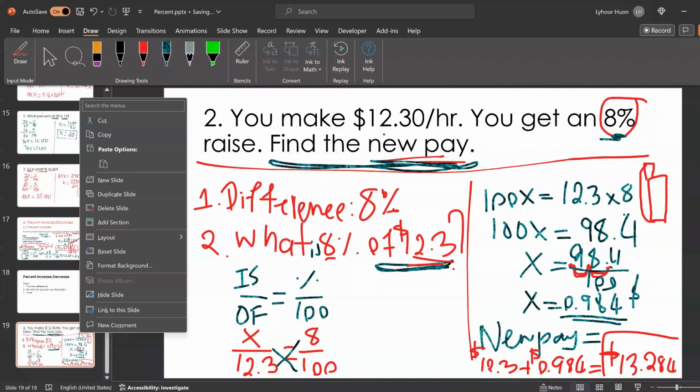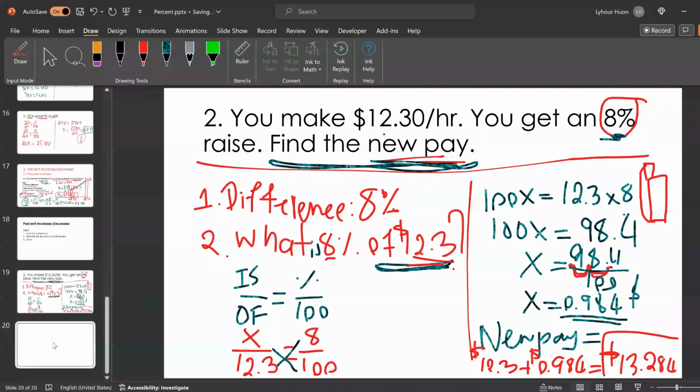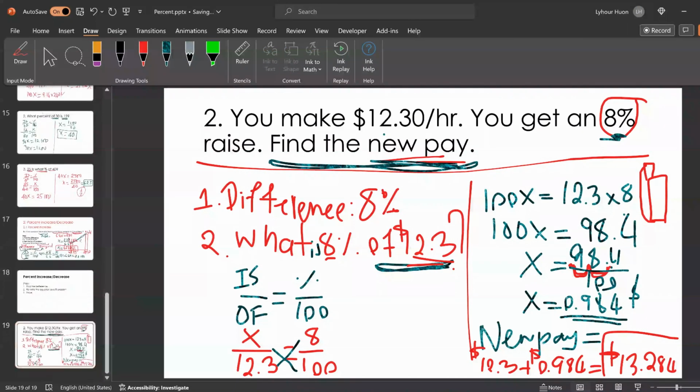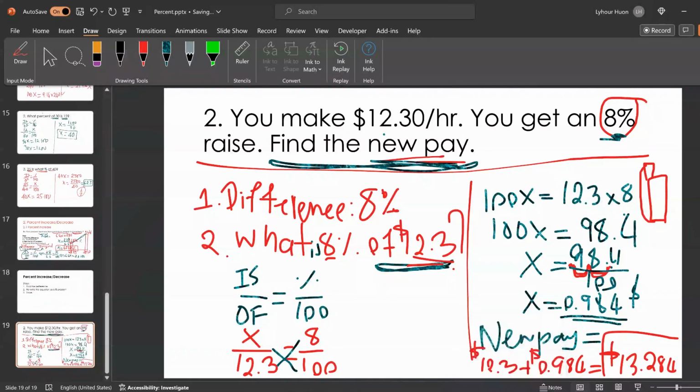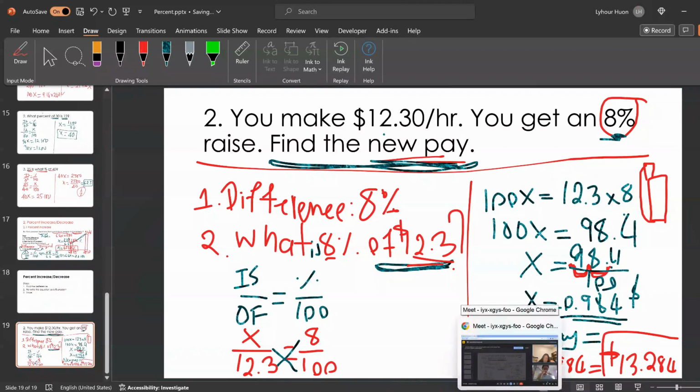Now, this is all about the percent increase. So let's go for percent decrease. Hold on, I need to get this. All right, I'm done.